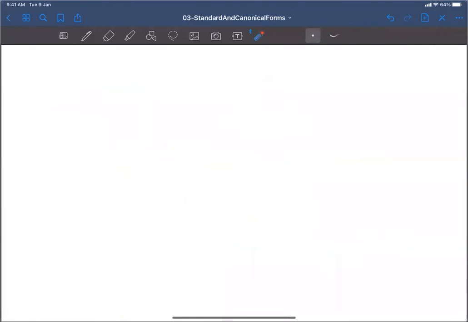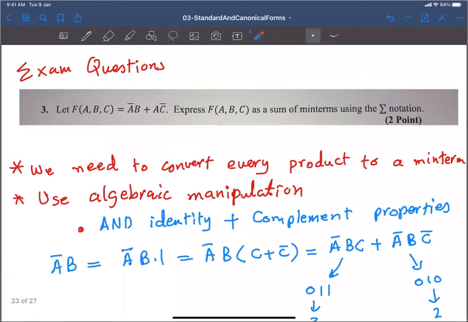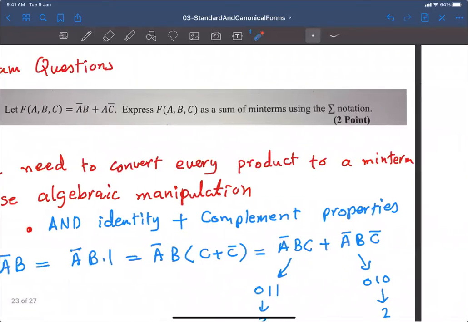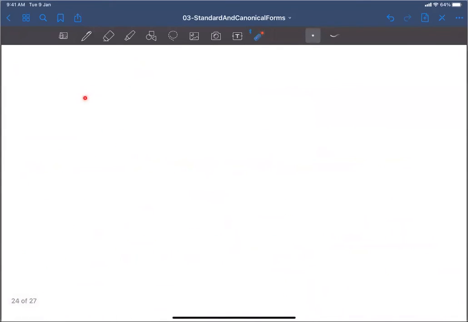First of all, if you want to do the max terms, then what does the question say? For example, let's say that you have A or B complement, and you would like to use the shortcut here.